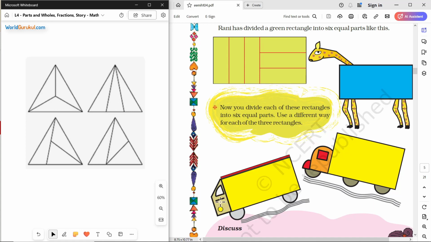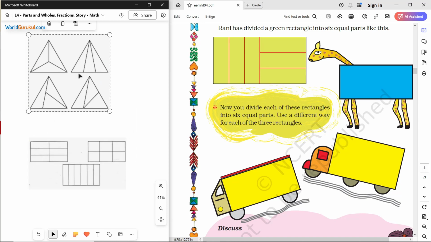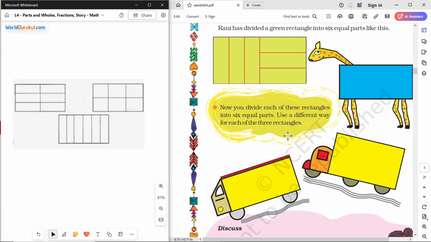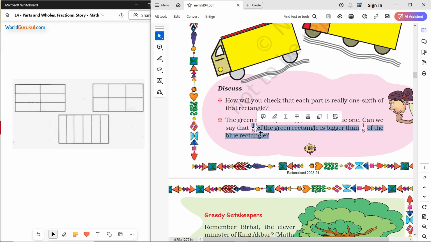Make a design or divide that space into 6 equal parts. Think how you can make it. It's simple. Try many other combinations. Some combinations I have shown on the left here. Take a clue and you can make many more. When you cut a rectangle into 6 equal parts, each part is going to be 1 by 6, or 1/6 of the whole rectangle, right?